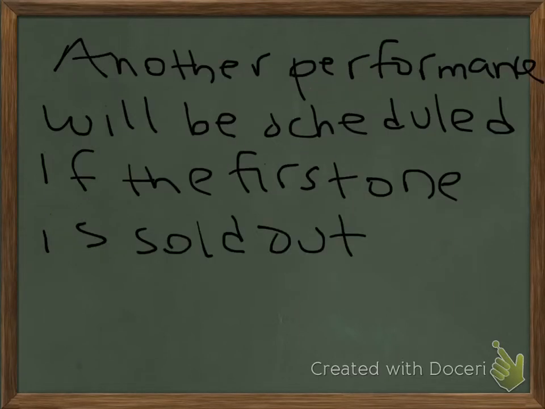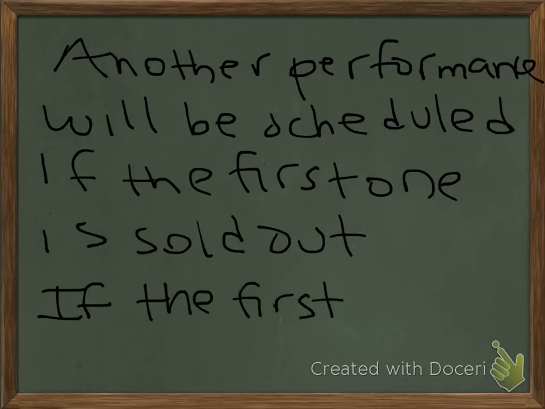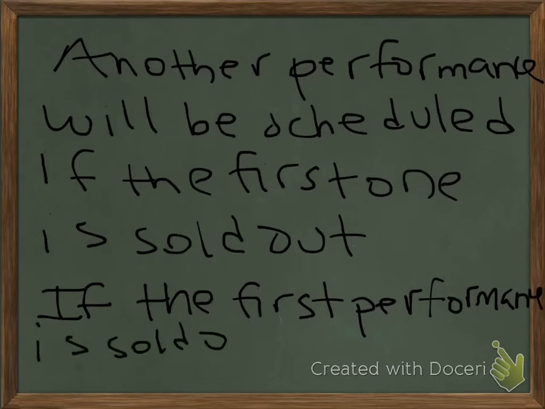Then if we go to the next page, this is going to give us another statement, but this is not in if-then form. So if we make this in if-then form, we could rewrite it and put the if part first. If the first performance is sold out, then another performance will be scheduled.